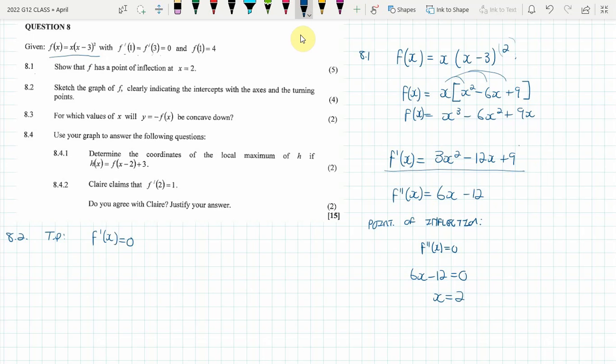Can you understand that? Or do you want us to go through the process?